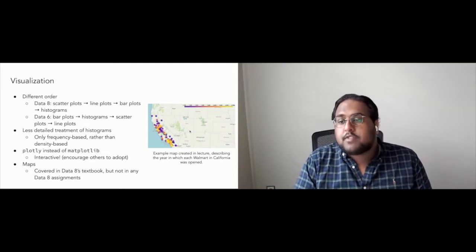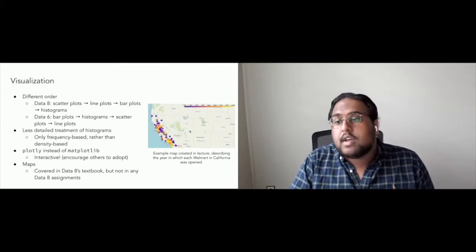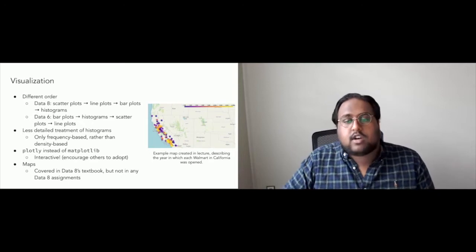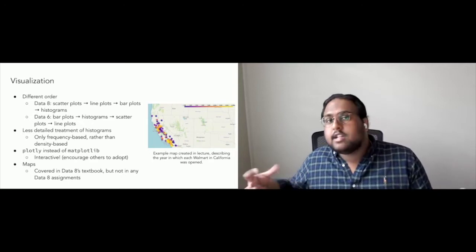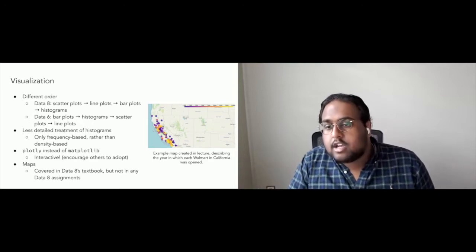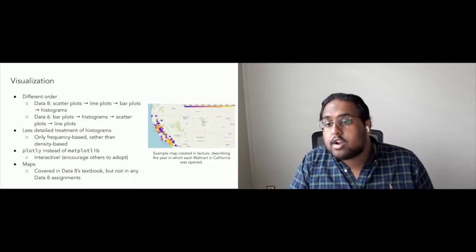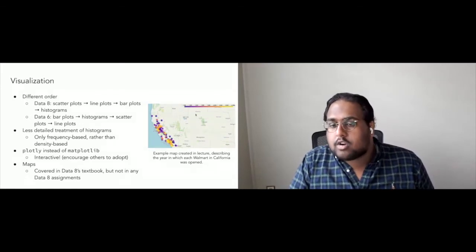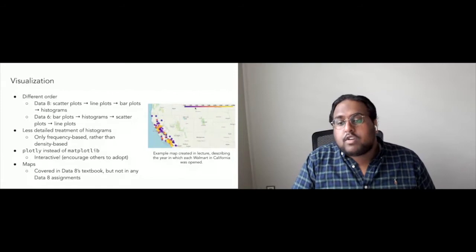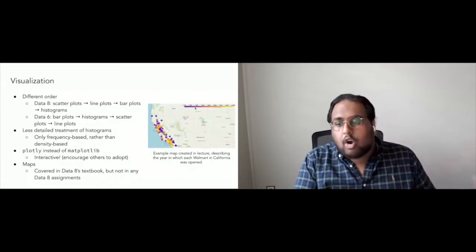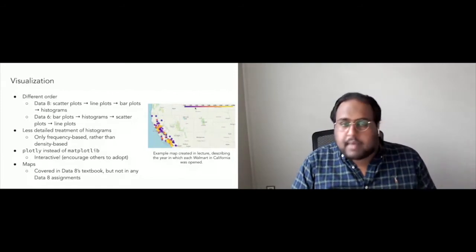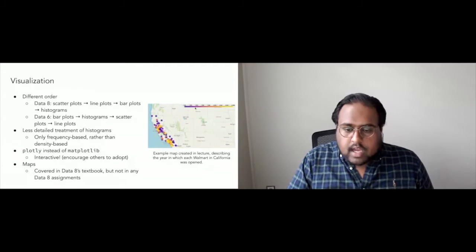An interesting phenomenon we discovered in lecture was that Walmart's strategy in California was to open in the inland cities first, which is why you see darker circles in the interior of the state. Darker means earlier. And then over time, they moved westward and opened locations in the Bay and LA.